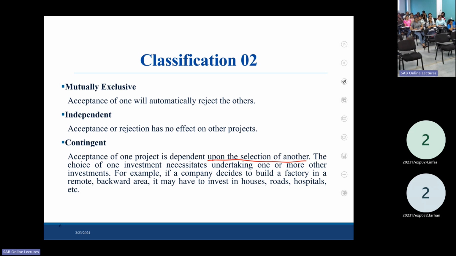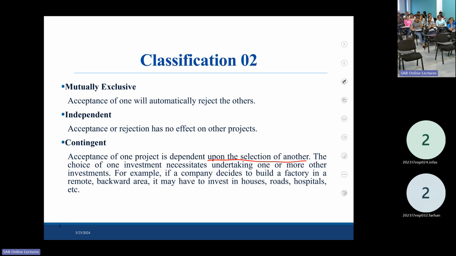Suppose a particular company is going to establish a factory in a very remote, very rural area. That is the project. Related to this project, there are certain supplementary projects to enhance the road, sanitary facilities, electricity, accommodations, foods and beverages.